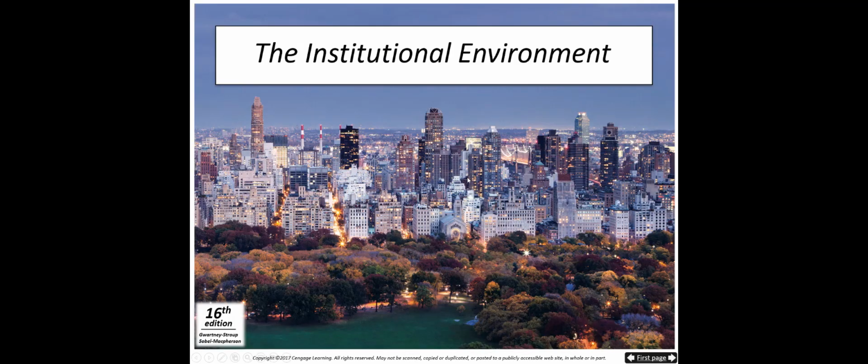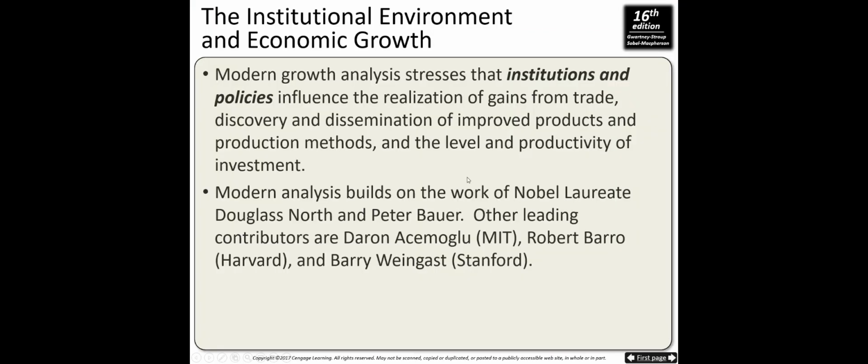Next, let's talk about institutional environment. Modern growth analysis stresses that institutions and policies influence the realization of gains from trade, discovery and dissemination of improved products and production methods, and the level and productivity of investment. Modern analysis builds on the work of Nobel laureate Douglas North and Peter Bauer.